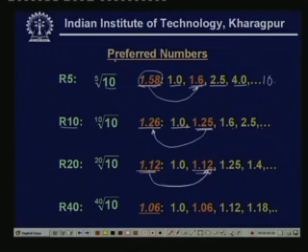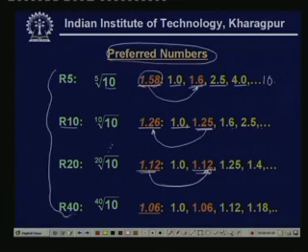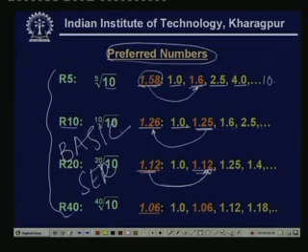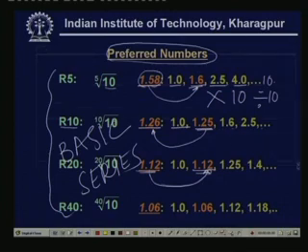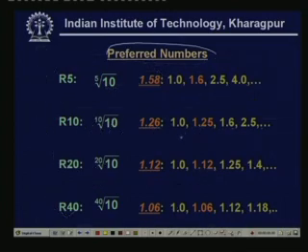These are called the preferred numbers, and all these are called the basic series. Whereas if we multiply these by 10, or divide by 10 or 100, anything like that, then we get what we normally call the preferred series.